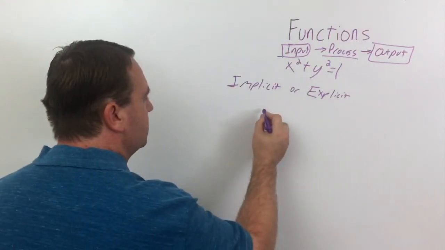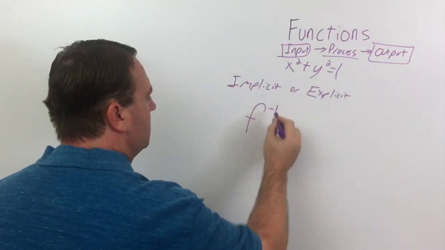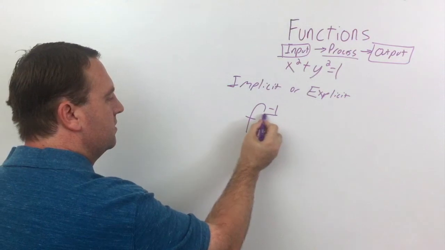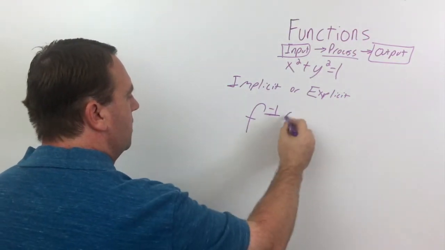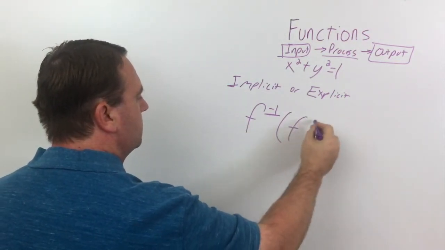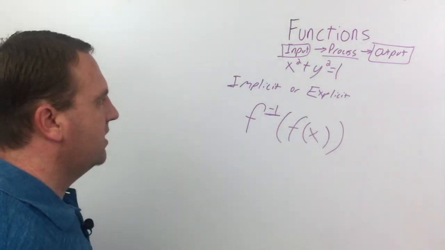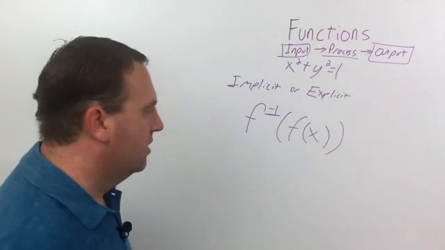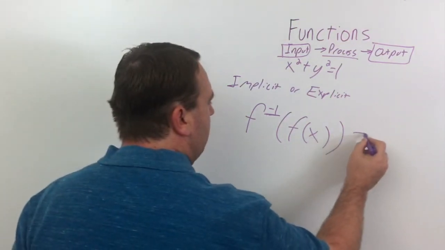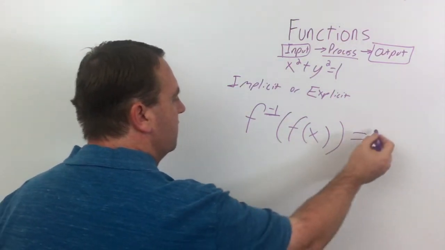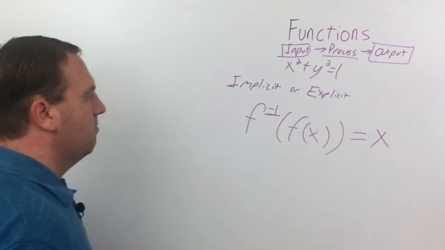An inverse function is written like this. And an inverse function undoes the action of the machine. So it's kind of like running the machine in reverse. And so if I take a function and I do the inverse, I will get back my original value.